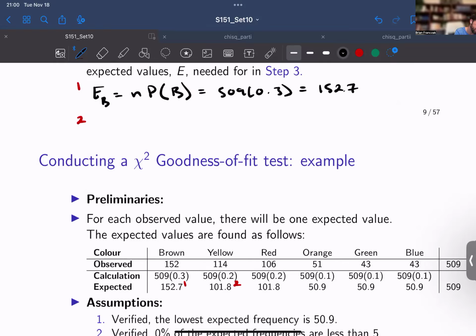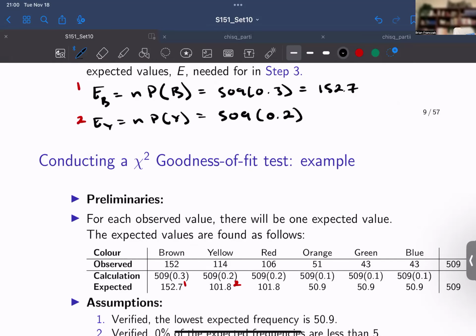Similarly, for yellow and red, it would be the same calculation. We have n times the probability of yellow, so that's 509 multiplied by 0.2, which is 101.8. And just for the sake of completion, this would work for orange, green, or blue.